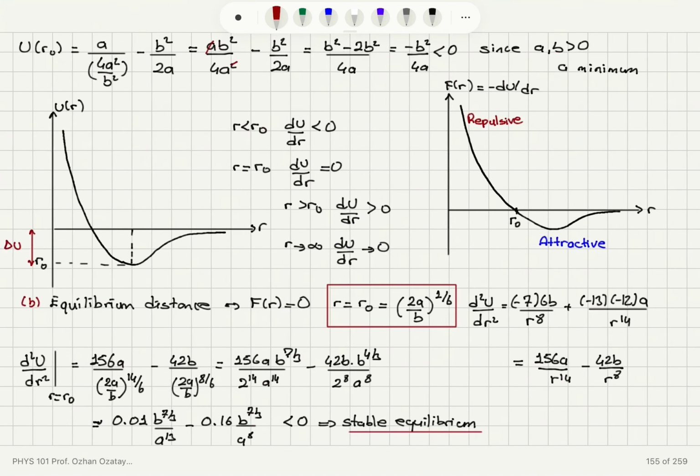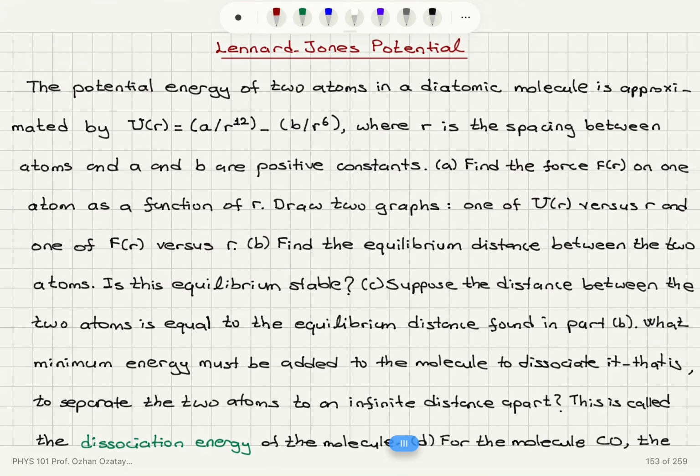Okay, so to summarize, we're talking about the Lennard-Jones potential between two atoms in a diatomic molecule. R is the distance between the atoms. The potential energy varies with R given by this expression.